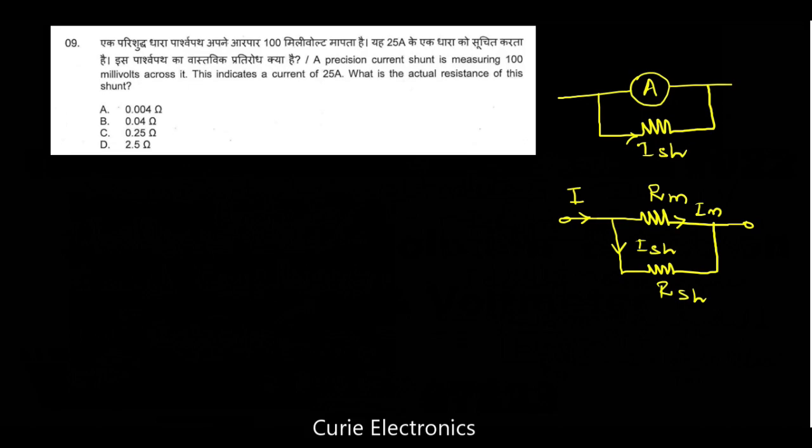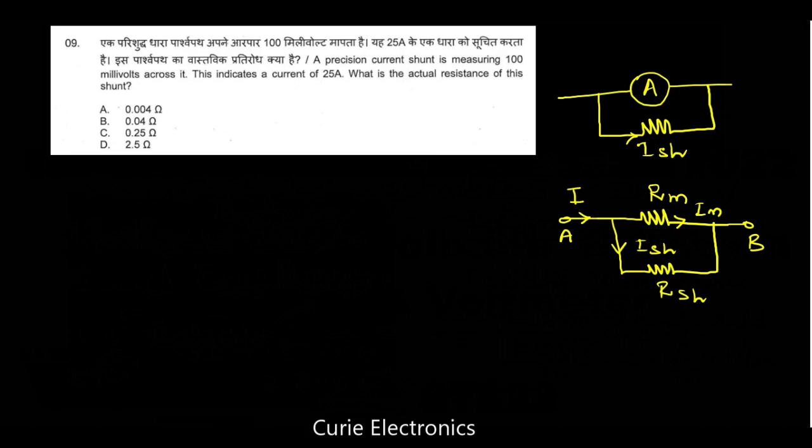This much you should know. Let this terminal be A and the other terminal be B. The voltage drop across Rm as well as RSH is the same because it's a parallel circuit.